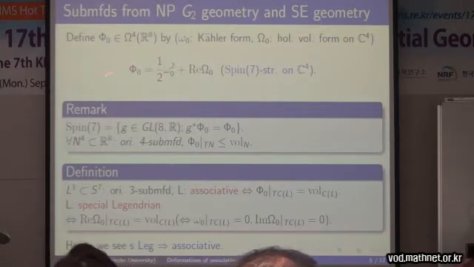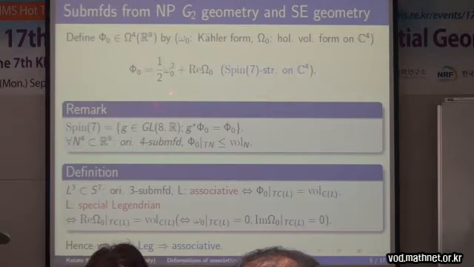Well, phi 0 is of this form, and if we restrict it to TCL, where L is special Legendrian, then the first term vanishes because of this property, and the second term is equal to volume CL. So phi 0 restricted to TCL is equal to volume CL, hence L is associative. Namely, special Legendrian submanifolds are associative submanifolds.